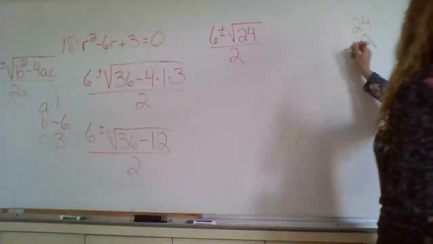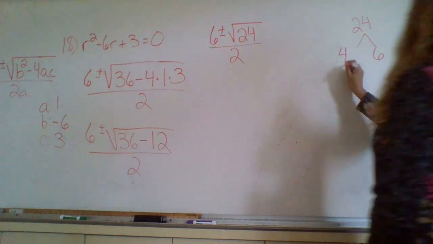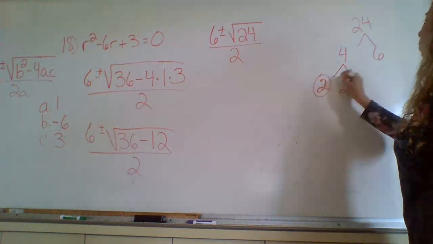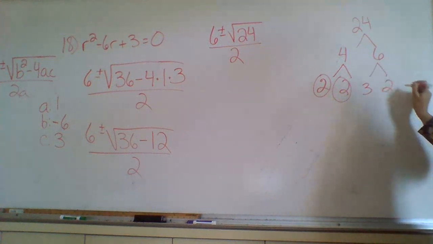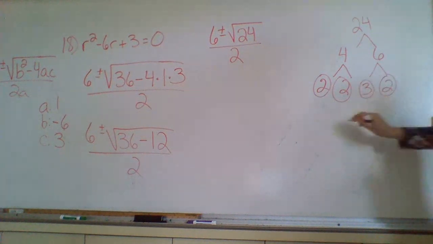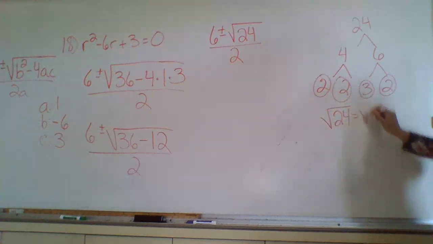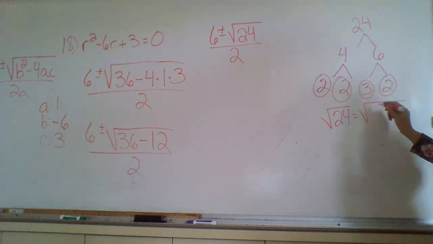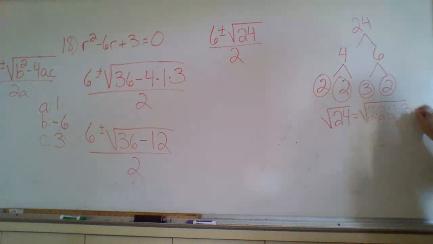Let's do 4 and 6. 4 and 6 is 24. 4 is 2 times 2. 2 is prime. 6 is 3 times 2. Oh, my shadow. And those are prime. So the square root of 24 is equal to the square root of its prime factors. So 2, 2, 2, 3.